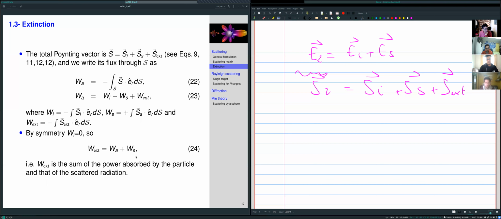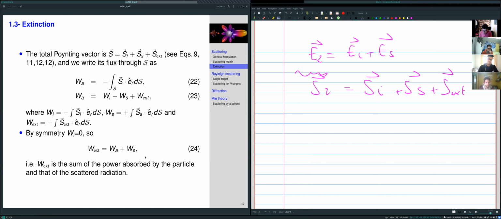We have a change of signs in W scattered. So we see that the extinction term is the sum of what I call the power absorbed by the particle, W_A, and that scattered by radiation of the scattered field.